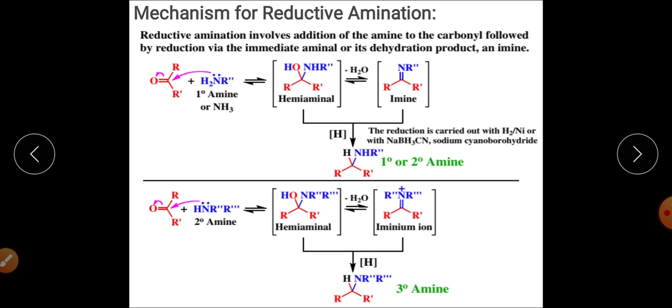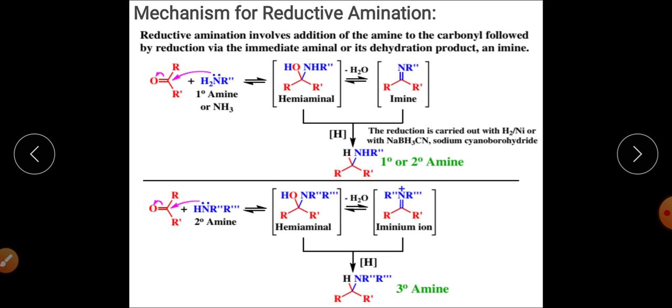You have seen that you can obtain primary, secondary and tertiary amines, and aromatic as well as aliphatic amines can be synthesized, but you have to work on the concentration of the substrate you are taking.